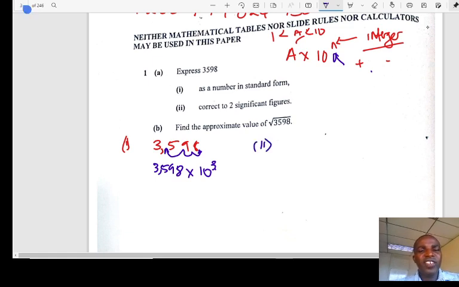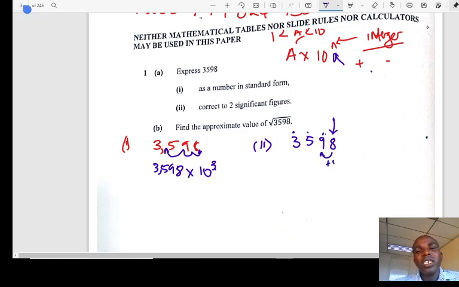Item number 2, correct to 3 significant figures. Significant figures, you start counting from the first non-zero digit. In this case, you start counting at 3. So 3 is 1, 2, 3, then you look at the fourth one, which is 8. If it's 5 and above, you add 1 to this one.